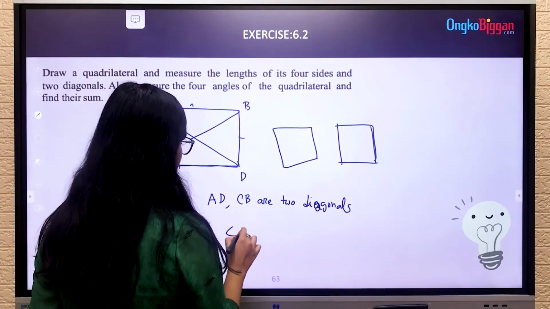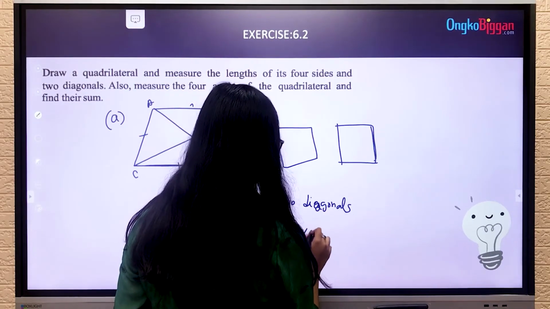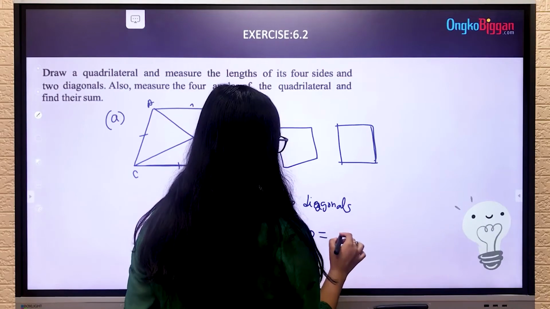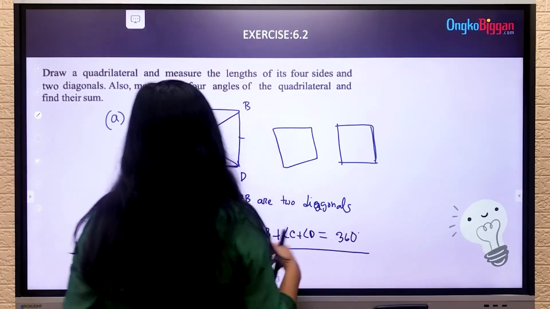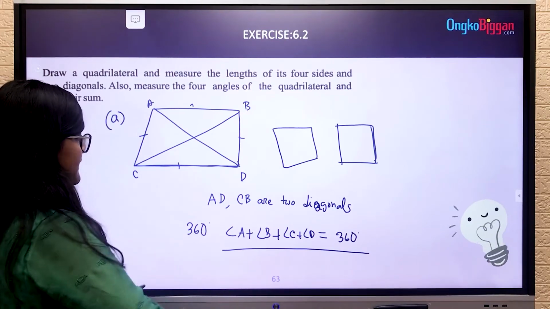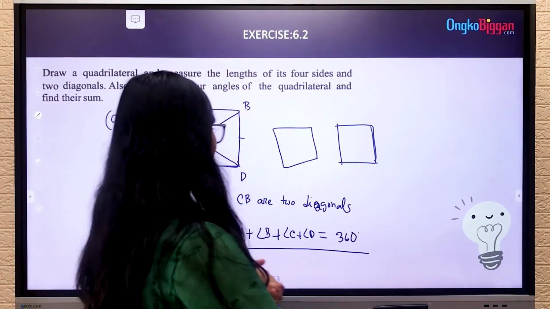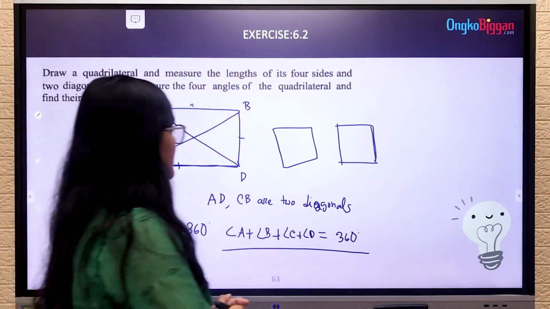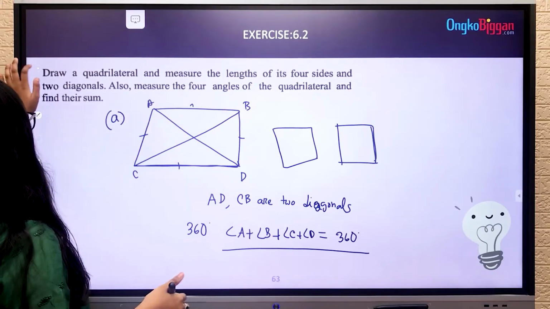That means angle A plus B plus C plus D will always give a sum of 360 degrees. If it gives less or more than 360 degrees, that figure will not be considered a quadrilateral. So for a quadrilateral the summation must be 360 degrees.